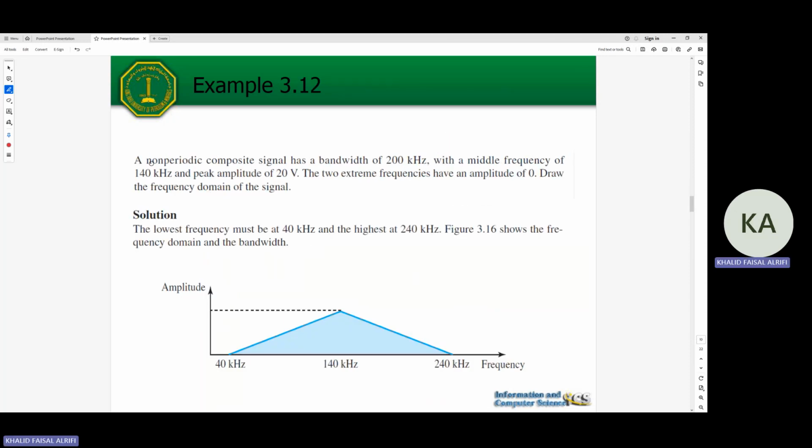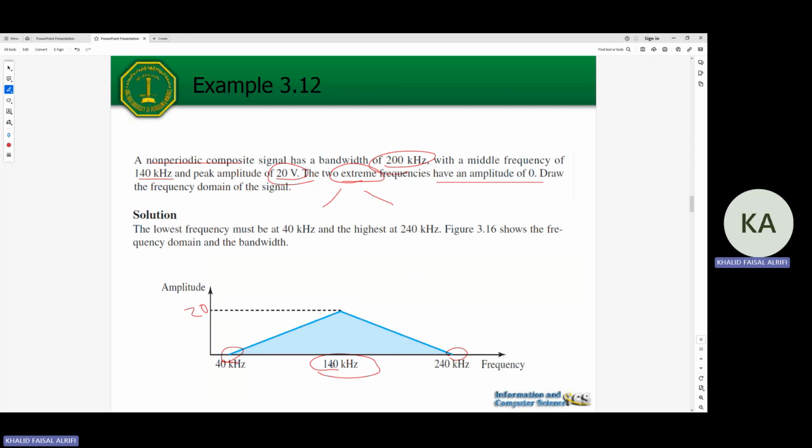Same here, but it's a non-periodic composite signal. The bandwidth is 200, so it already gives you the bandwidth. It also tells you the amplitude: the amplitude of 140 is 20. And it tells you that the extreme frequencies, the first one and the last one, have an amplitude of 0, which means they are on the x-axis.